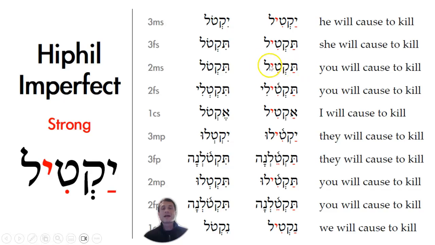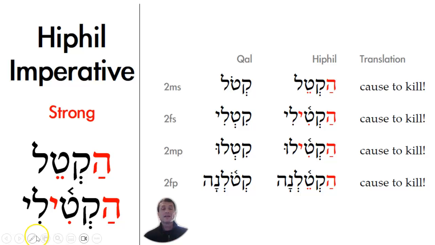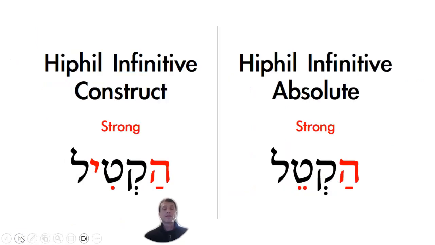See, it's taktil. There is a he hiding underneath that signal letter. And so when you chop that prefix off, that he shows back up. That's essentially what you have in the imperative conjugation. So it's haktel, haktili, haktilu, haktelna. So that is the imperative form. Again, just translated with the meaning of that verb in the Hifil and then translated as an imperative.